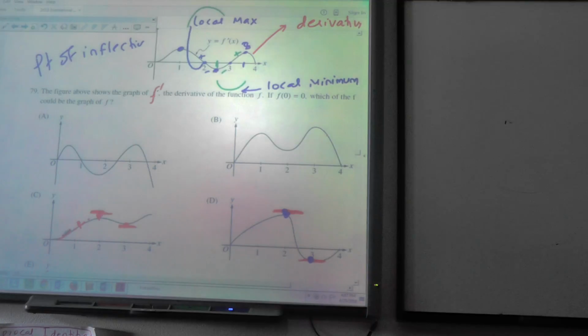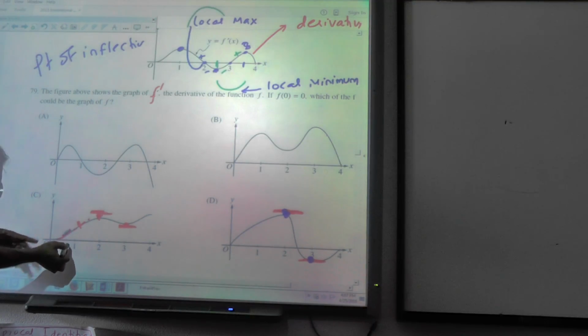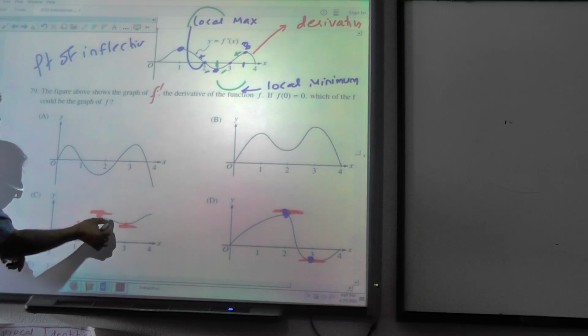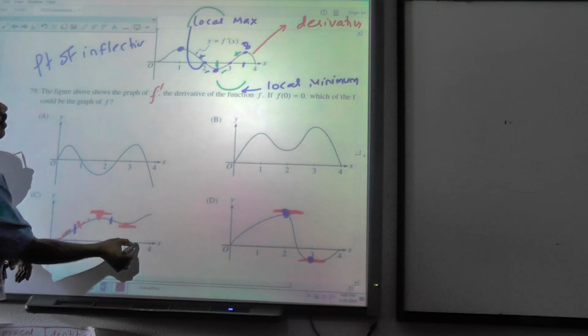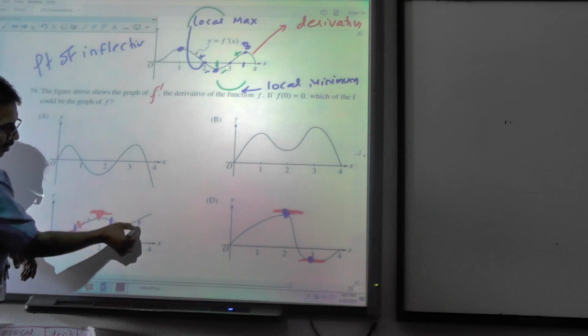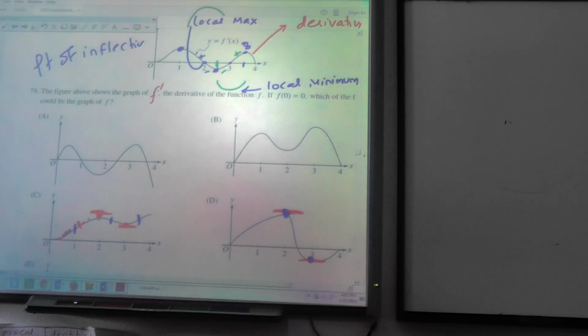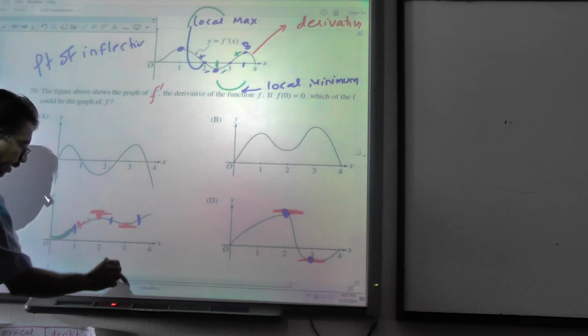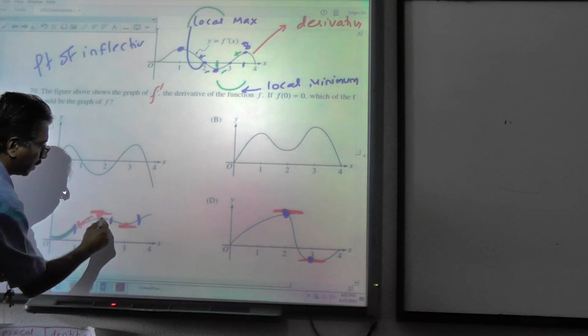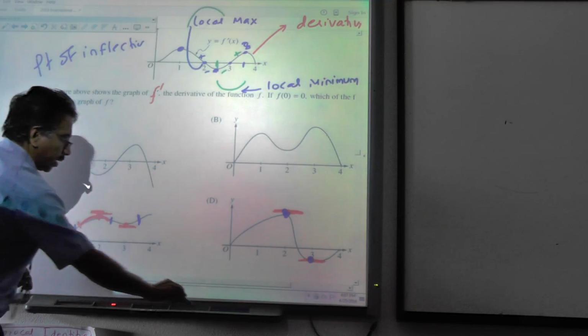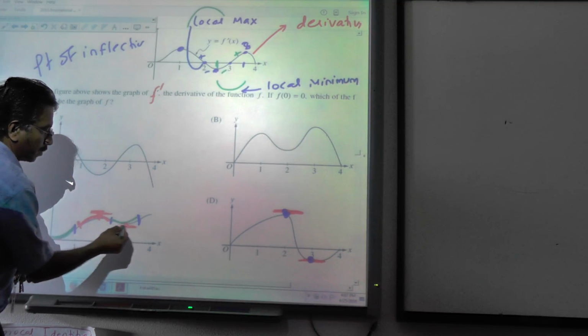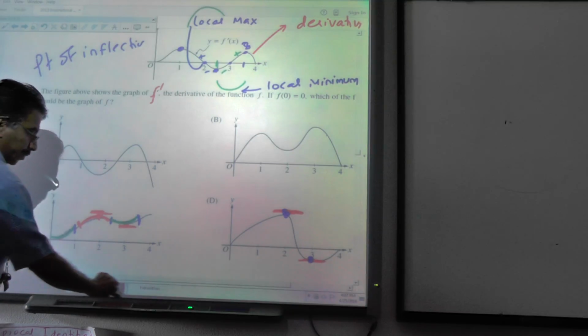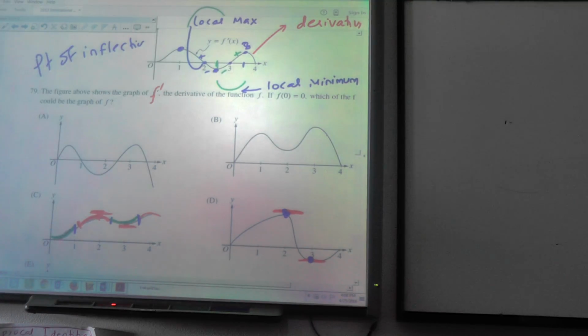What does that mean? Let me mark it here. So at 1, at 2.5, and at 3.5. What it means is, your graph is concave up from here to here, then it is concave down till here, then it is concave up, and then it goes down.